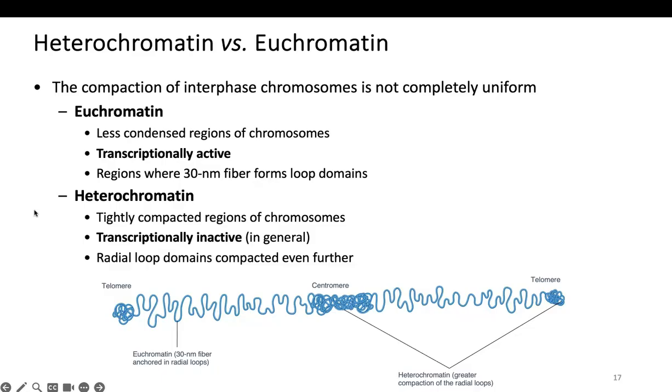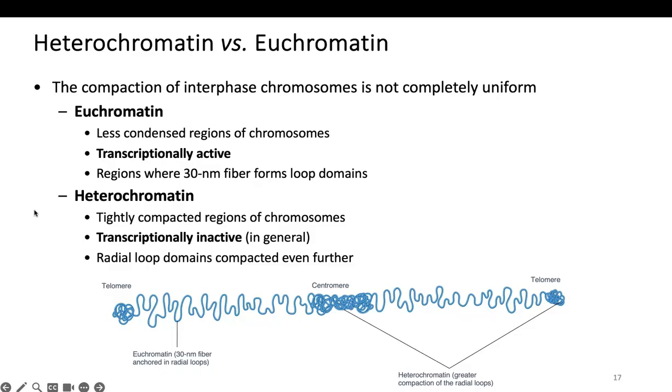We generally classify the different levels of compaction of chromosomes into two categories: euchromatin and heterochromatin. Euchromatin is less tightly packed and thus more transcriptionally active. These are the areas of the 30 nanometer fibers within the loop domains, and these are the places where we will find the gene sequences in our genomes.